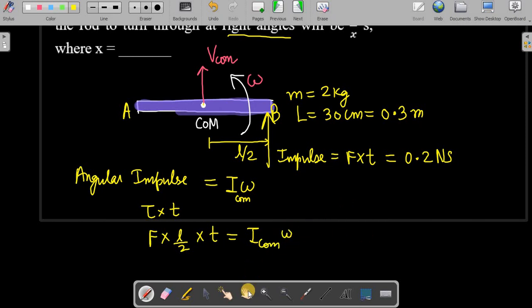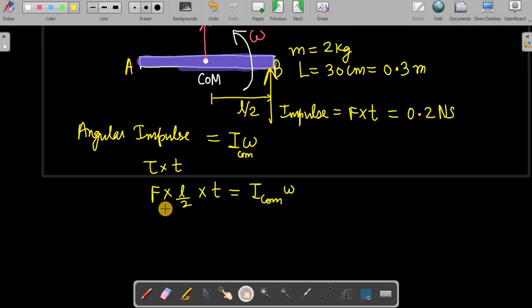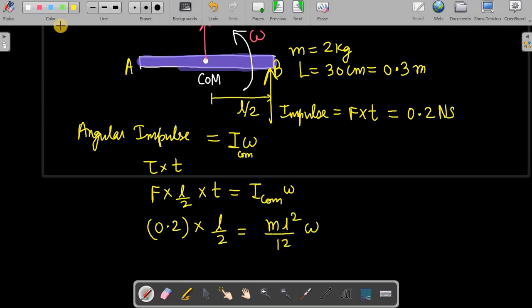So from here you can understand they have given here force into t, which is 0.2. Force into t you can club together, and this is length by 2, and I center of mass is ml square by 12 into omega. So from here let's cancel out, one length gets cancelled, and this 2 also will get cancelled with 6.